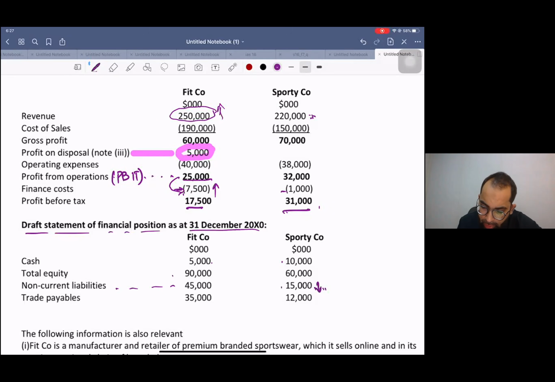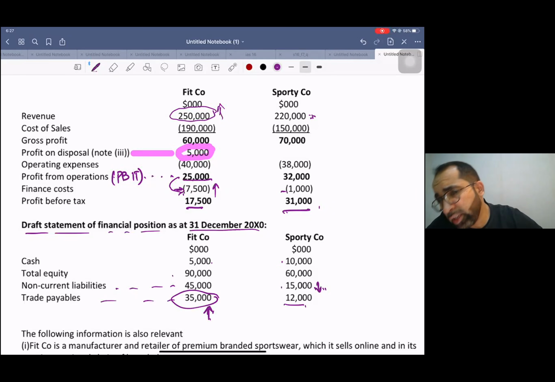Then trade payables, and this trade payable is significantly higher, and I'll prove that Fit company is not able to pay its creditors on time, right? That's the issue with Fit company. We'll prove it.